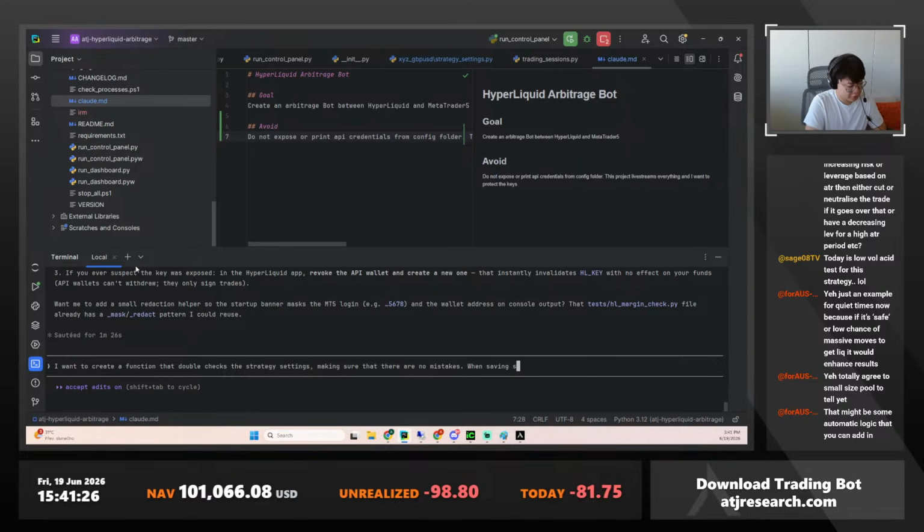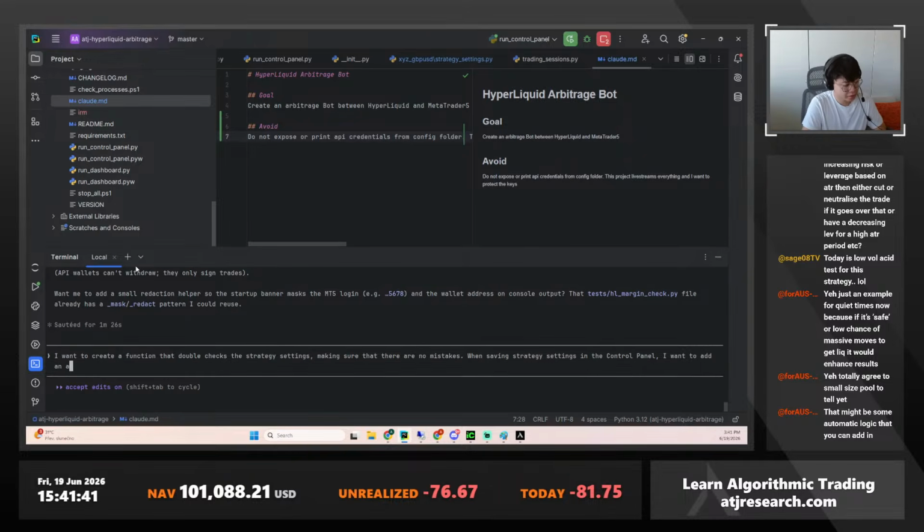When saving strategy settings in the control panel, I want to add an alert: this value seems to be wrong. Do you want to proceed anyways?